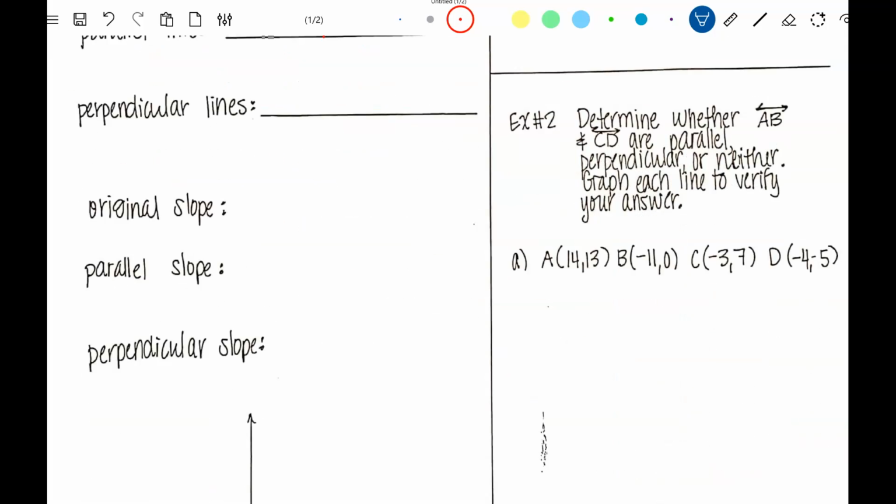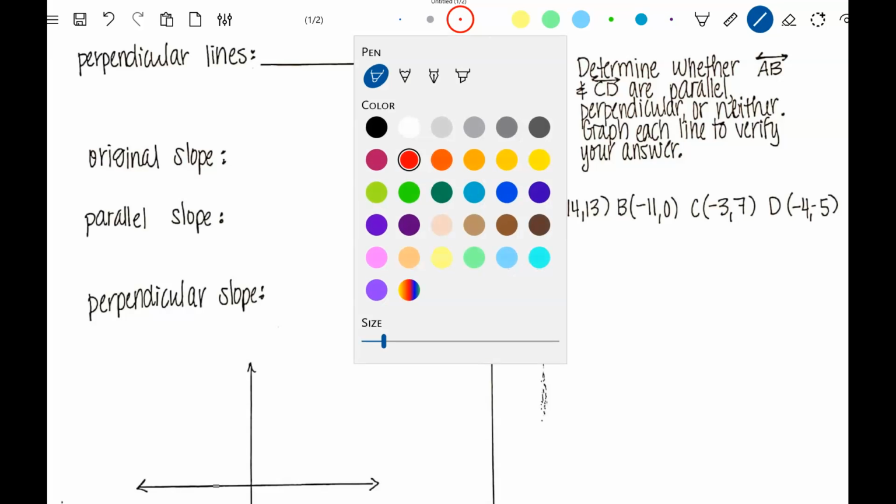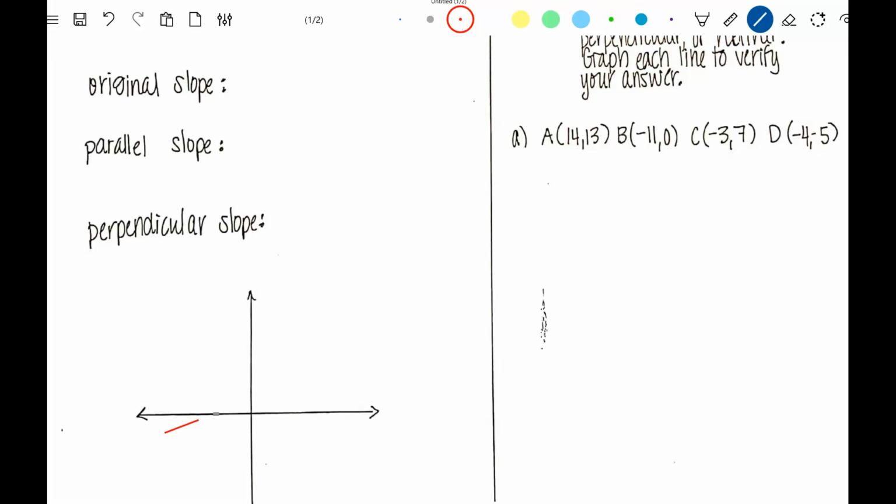So if you look down here at this graph, if I have line L, line M is going to be parallel to it. Notice that it increases at the same rate as line L, so they will have the same slope.